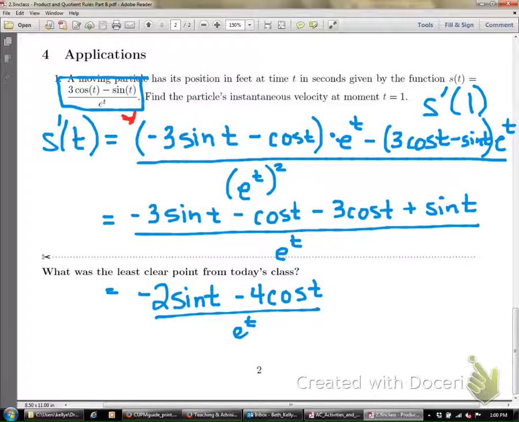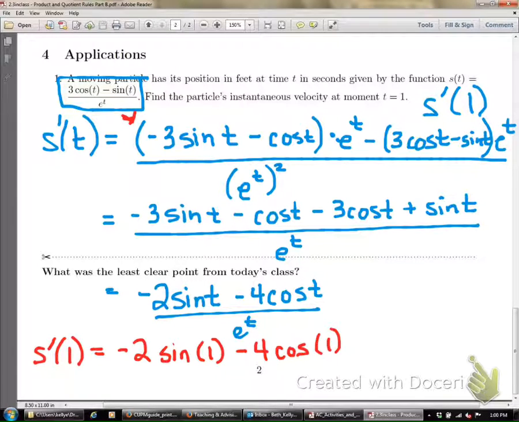So now that we want to find s prime of 1, we can't forget that. Okay, so we get negative 2 sine of 1 minus 4 cosine of 1, all divided by e to the first power. And so this problem is a word problem.